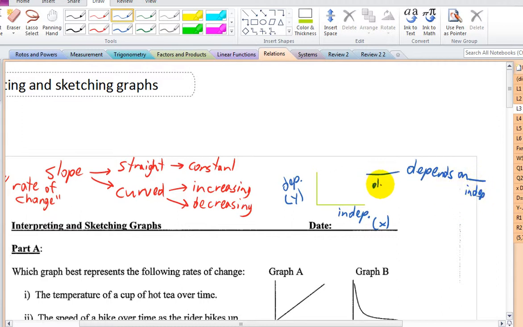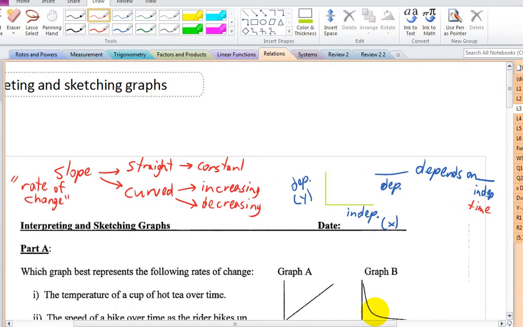This is your dependent. 90% of the time, time goes as your independent variable. Okay, so time would be independent. So we just covered a lot of important information there. Good. Any questions so far?